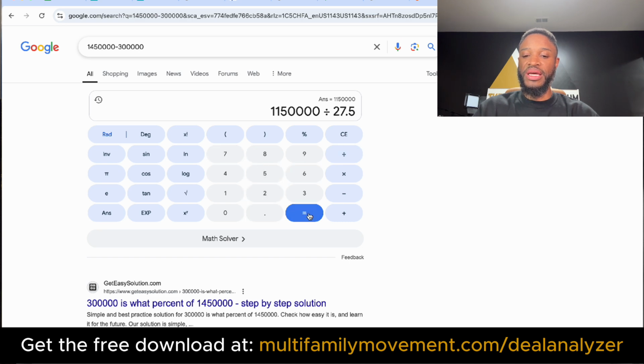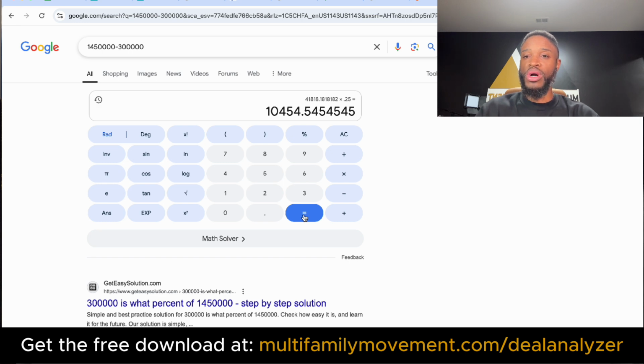So you're going to get a tax deduction of $41,000 or about $42,000 per year. You'll get to write off $42,000 a year. And if you're in the 25% tax bracket, that's going to save you over $10,000 per year in actual tax savings because you own this property.